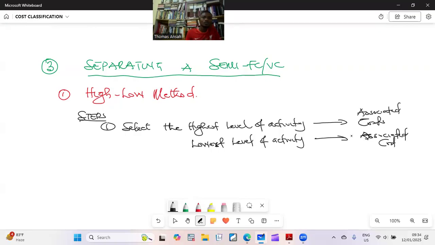It's not difficult. You just pick it out of a question. Now, step two is to calculate the variable cost per unit. Why? Because when we want to find a total cost, you saw what I did on the cost card.